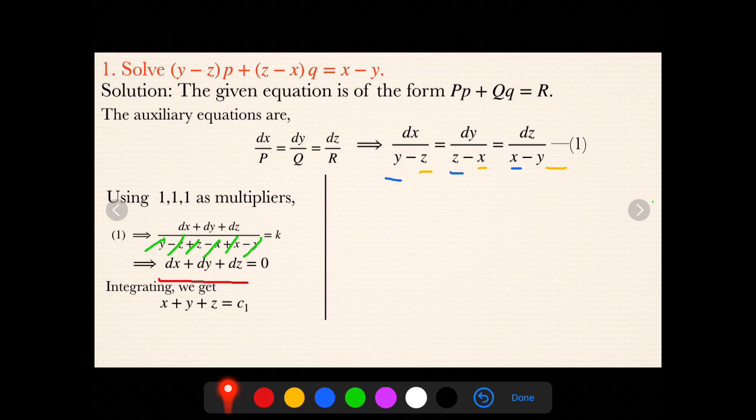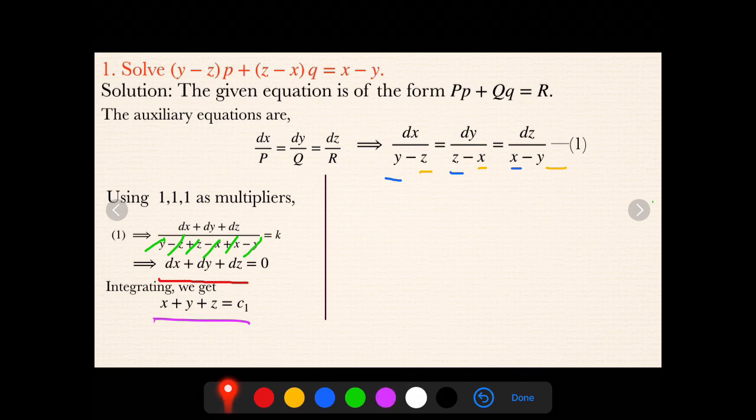If 1, 1, 1 is a multiplier, then definitely 2, 2, 2 or 3, 3, 3, or any non-zero constant k, k, k is a multiplier. If you go for 2, 2, 2, you won't get full marks. So choose a different set of multipliers, so that we get a different solution here. Again this expression cannot be obtained in the second term.